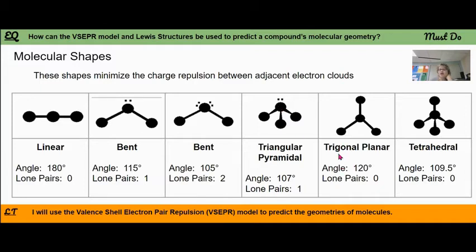And then there's trigonal planar, so these are all kind of in one plane. They're not 3D. And that angle is 120 degrees with 0 lone pairs. And then there's tetrahedral, where the angle is 109.5 degrees and there are no lone pairs. Okay? So those are the 6 shapes.